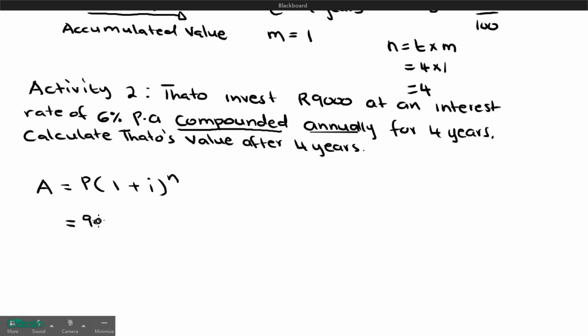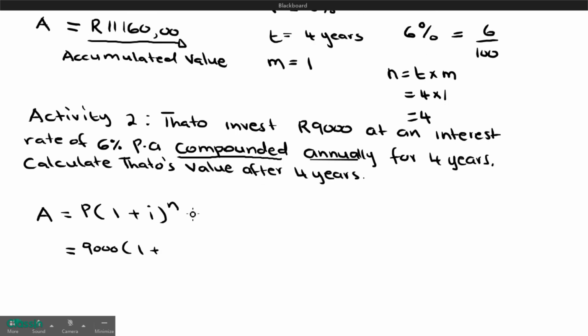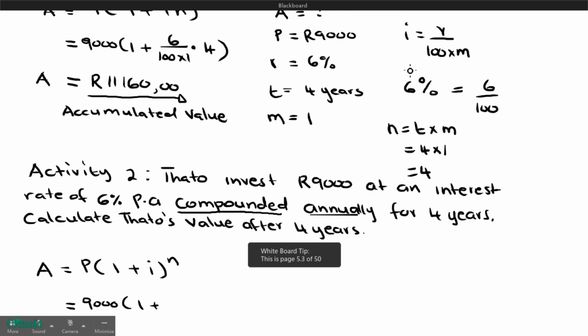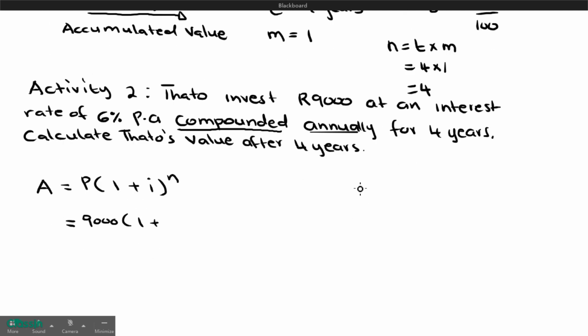It is 9,000. 1 plus our I, which is going to be 6 over 100 multiplied by M. But here it says annually, and once it says annually, it means that our M is equal to 1.